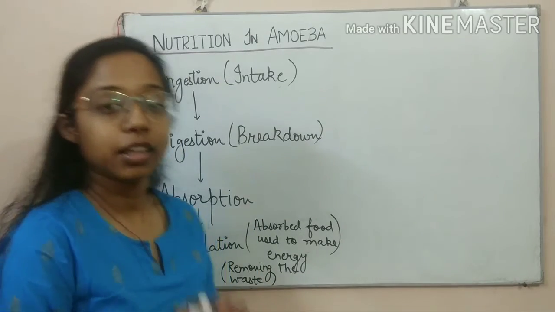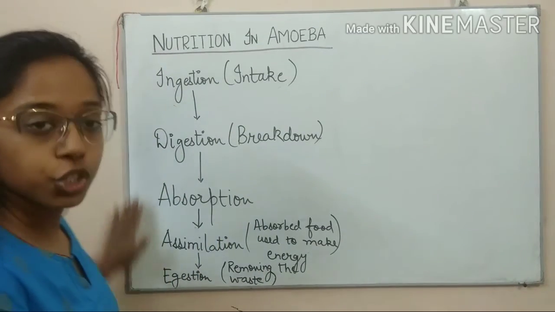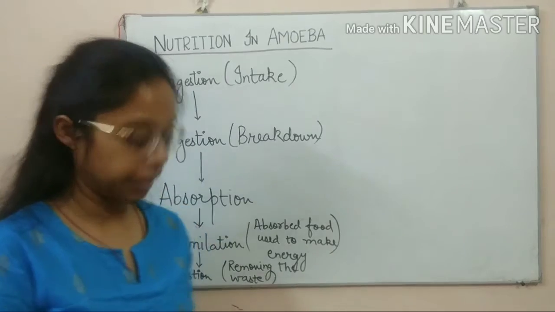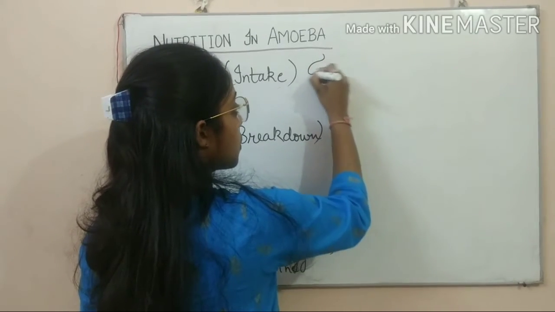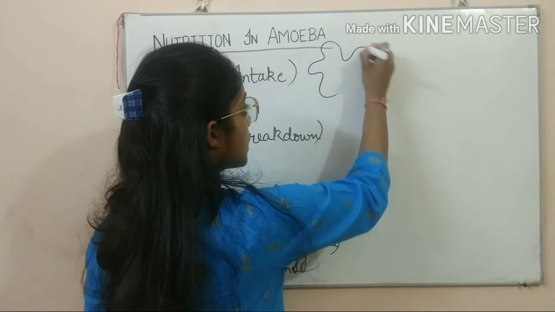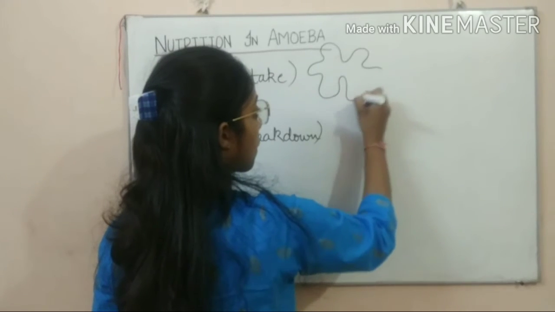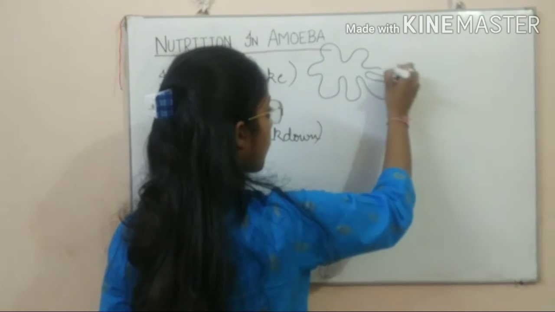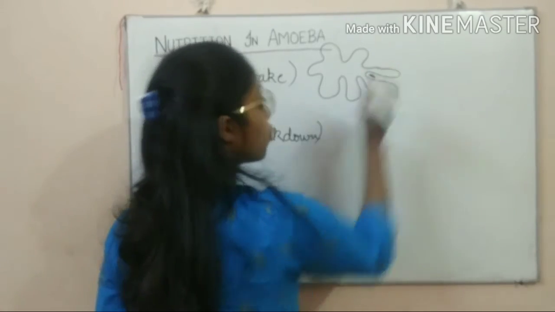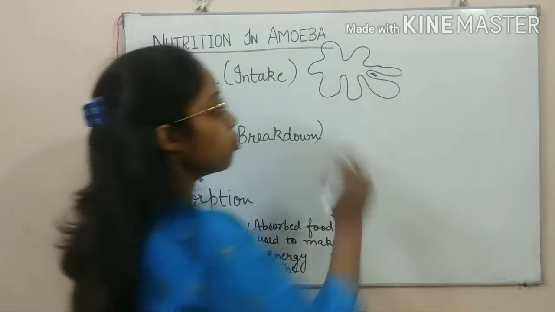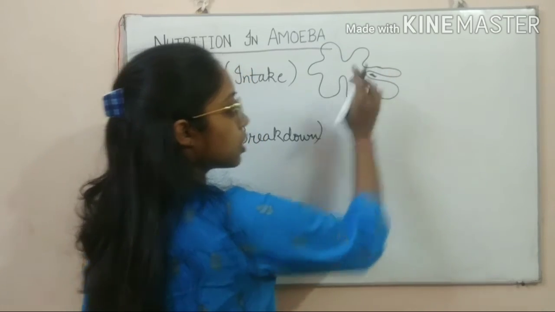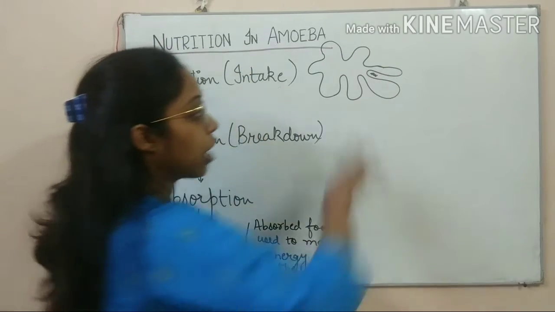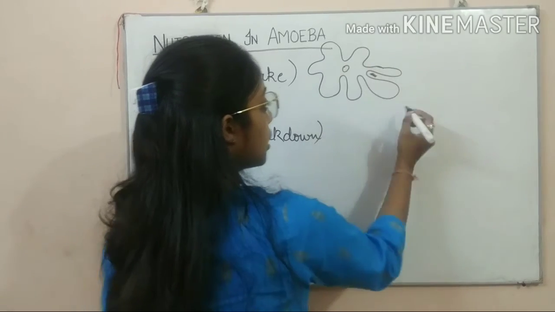Now let's see the whole process of nutrition in amoeba in detail. So this is amoeba. This is the food material. It moves towards the food material and forms this kind of structure around the food material.